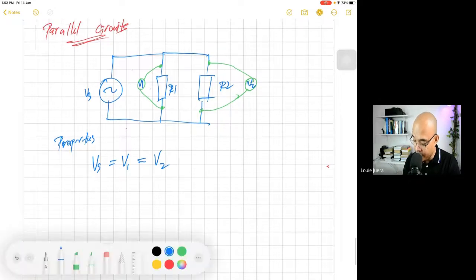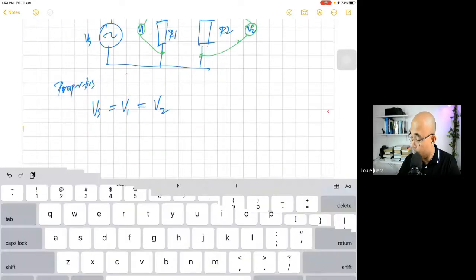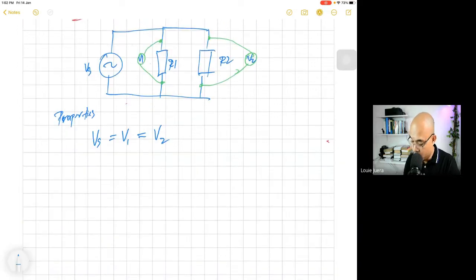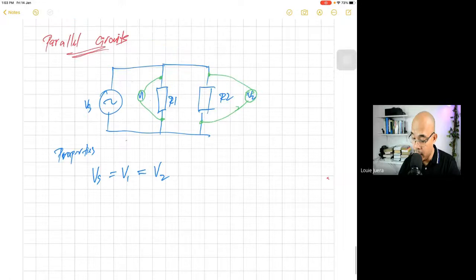And how about the current? We have three currents here. We have the current flowing through our source and connecting to this node. We call this an electrical node. This is the I source, or Is. Then we have a current flowing through R1, which we call I1. And there is also a current flowing through this branch, supplying R2.